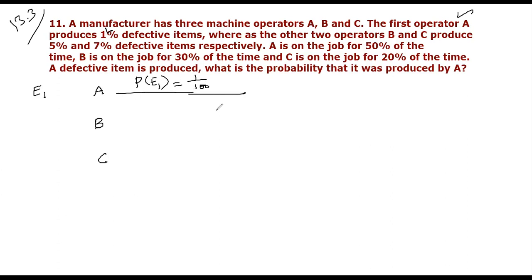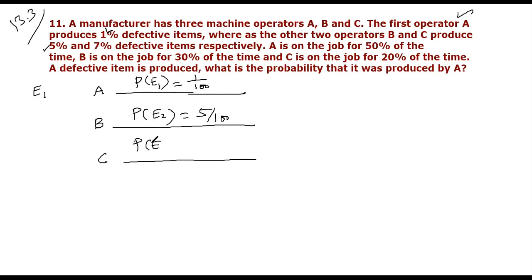The probability of B producing the defective item is 5 by 100, and the probability of operator C producing defective items is 7 by 100.